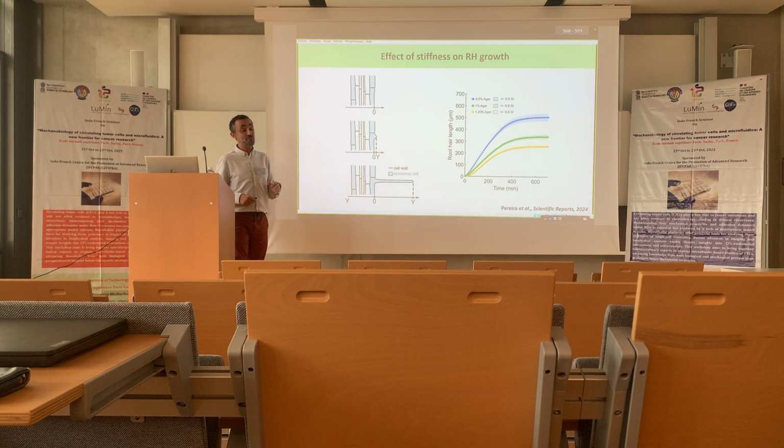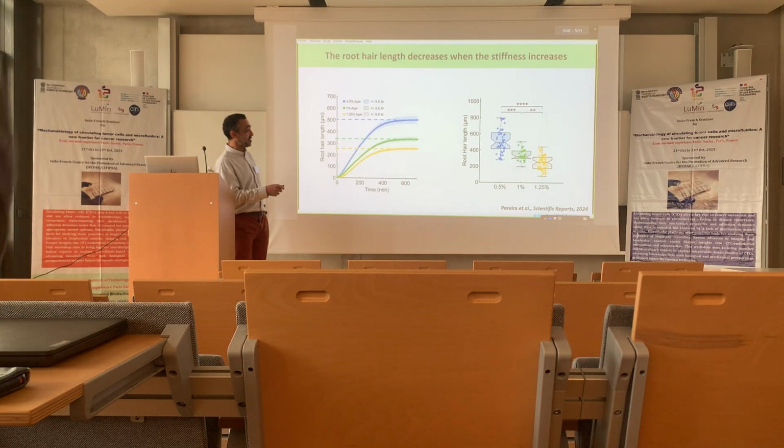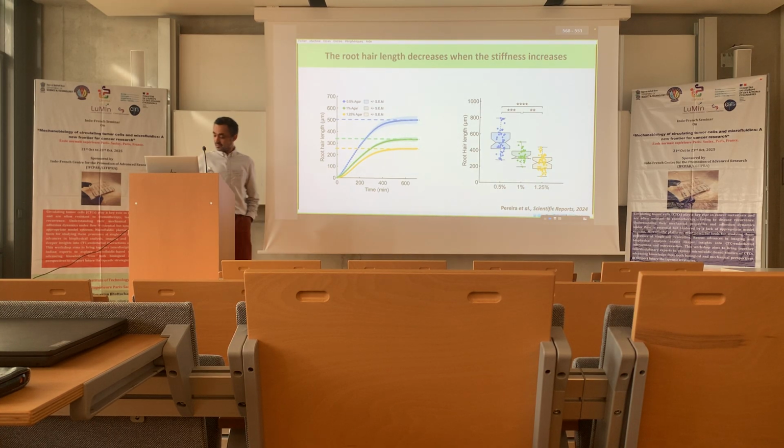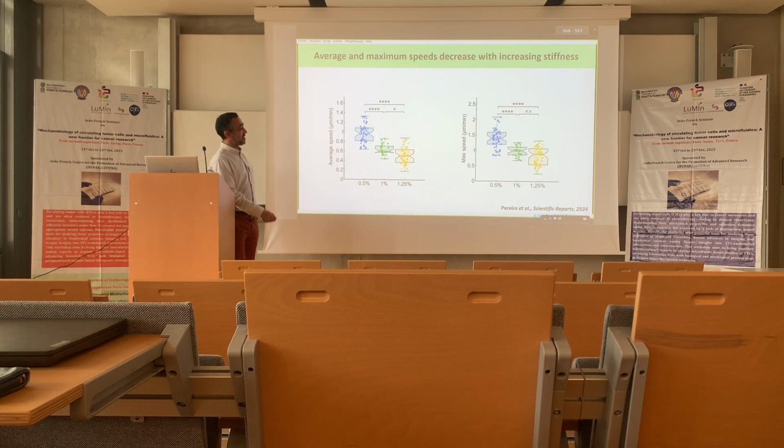It seems more or less obvious. The speed is also decreasing. In numbers, root hair length as a function of stiffness: more concentrated agar gives shorter root hairs. The same holds for the average speed or the maximum speed of growth.